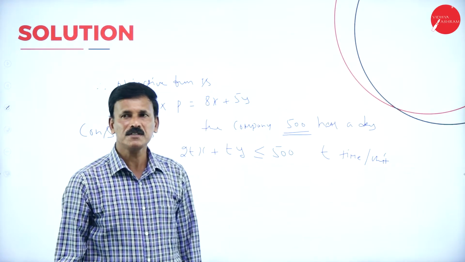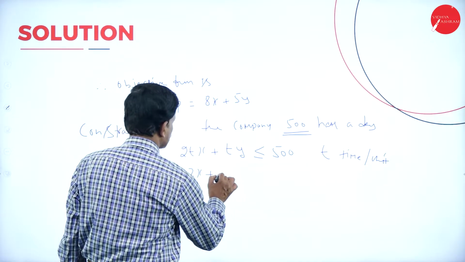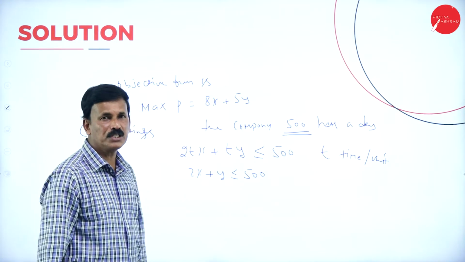So this can be written as 2x plus y is less than or equal to 500, the labor time per unit.